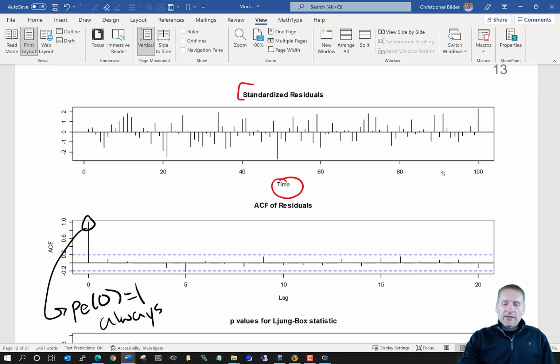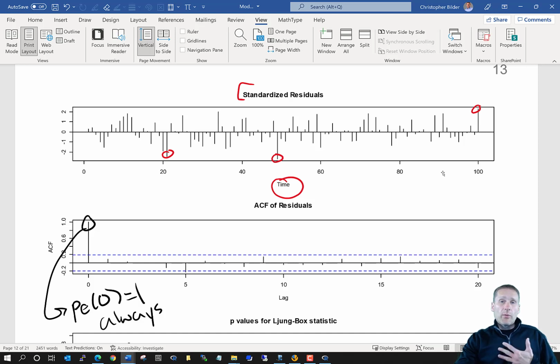What we can see here is, at about time point 48, we have a value that's about negative 2.3. We have a value at 100 that's maybe about positive 2.1. We have another one here that's a little bit outside of negative 2, but pretty much everything else is within plus or minus 1.96.